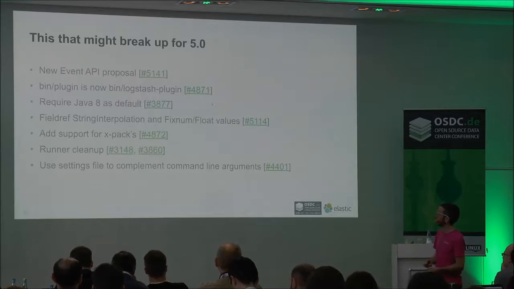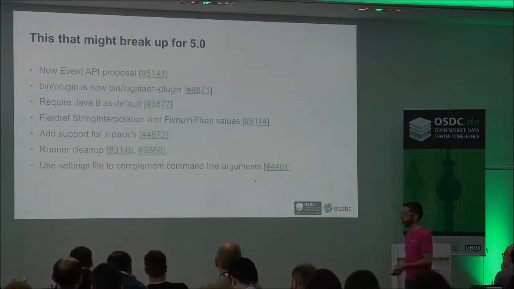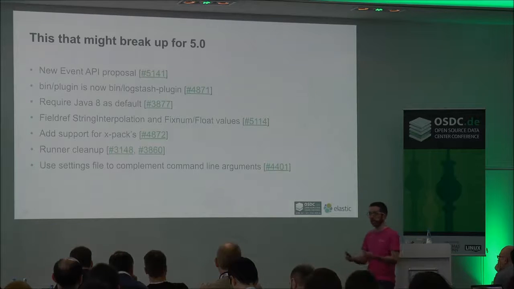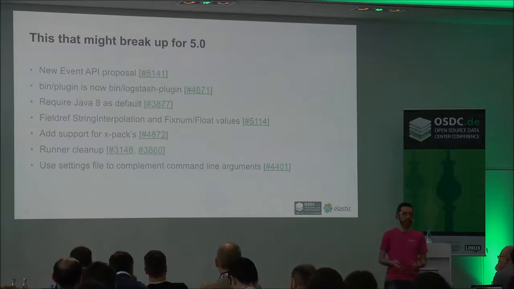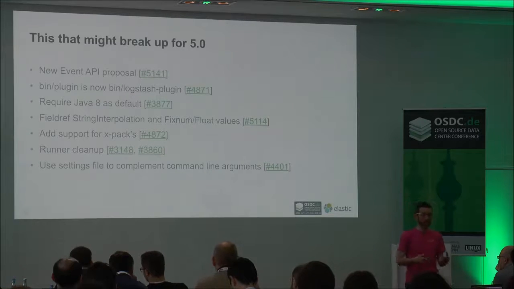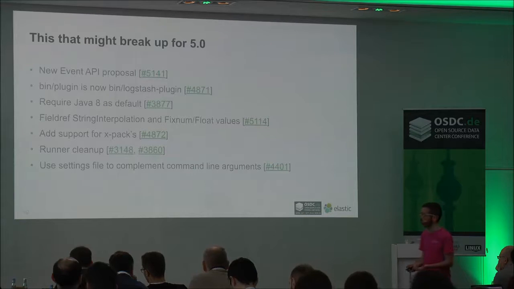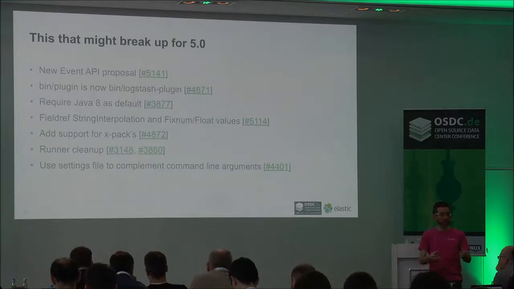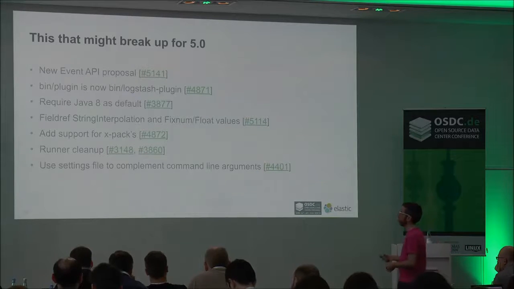We added support for X-Pack. X-Pack is the collection of plugins that Elastic is working on, and enabling the community to work on, to have verticals. The idea is that you get a pack for monitoring, with monitoring for Elasticsearch, Kibana, Logstash, Beats, etc.